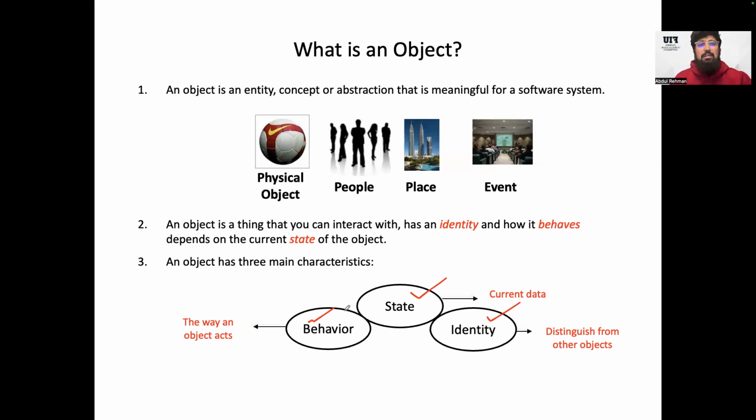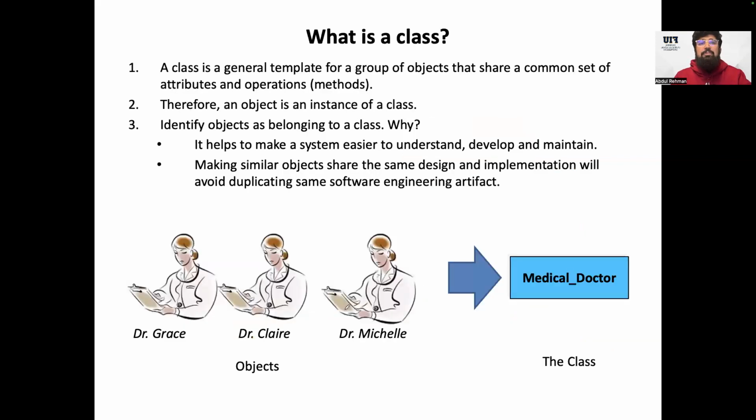So let's say I talk about Dr. Grace or Claire or any other doctor. They are different doctors, and everybody has a different name and different properties, and they do different things. Sometimes the doctors operate, they diagnose, they prescribe medicine.